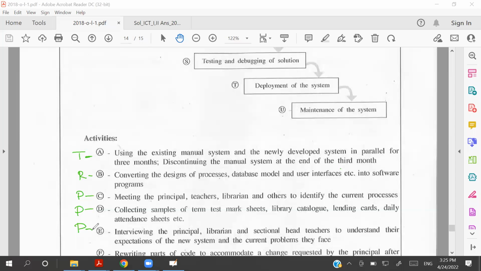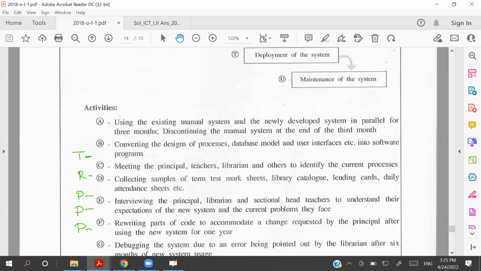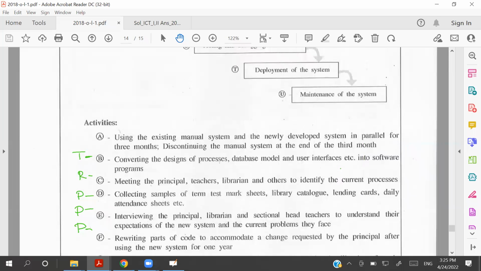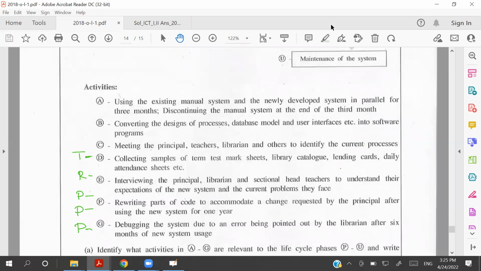And F, rewriting parts of code to accommodate a change requested by the principal after, what are they saying? After deployment. Yeah, after using the new system for 1 year. So F is matched with the U, because rewriting of the code to accommodate a change requested by the principal means the principal faced that kind of problem when using it.